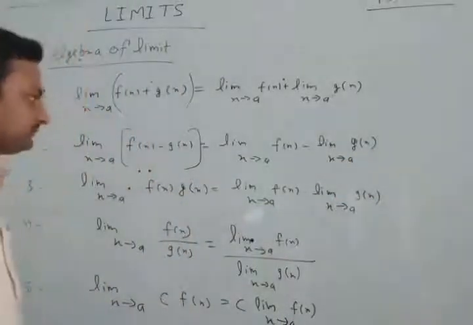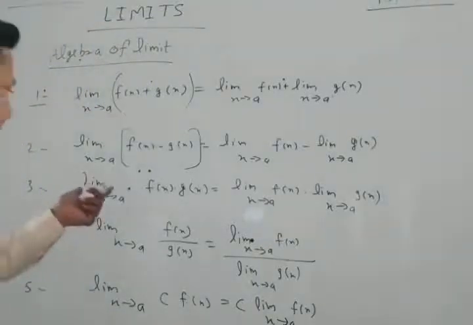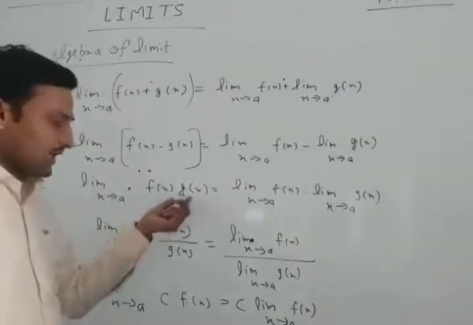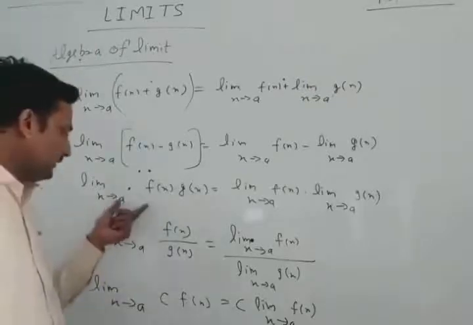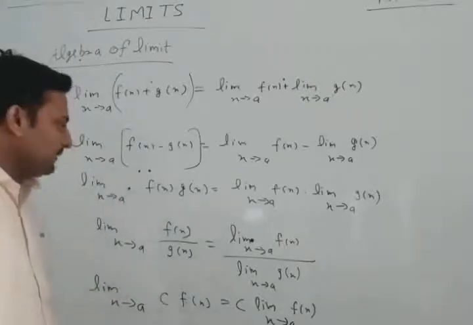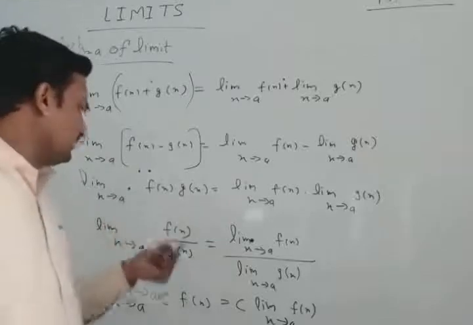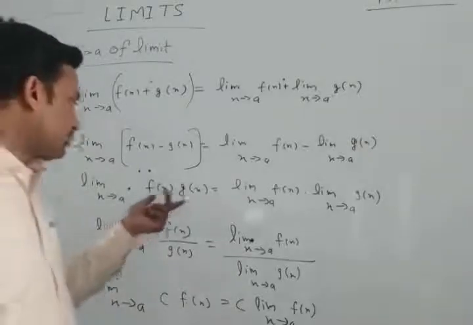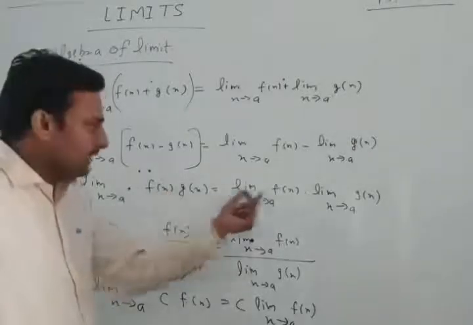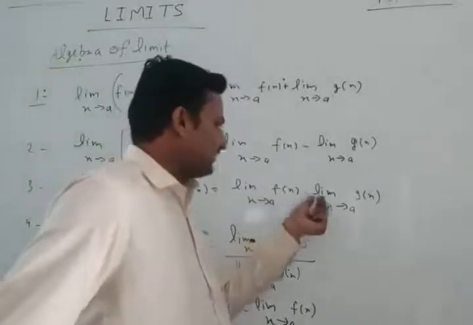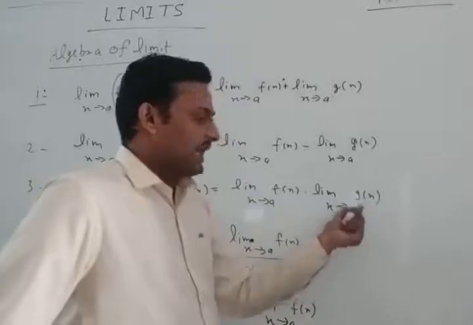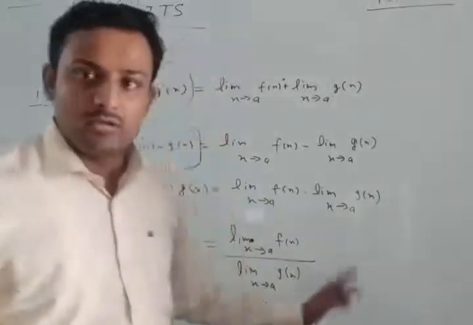Okay? Any doubt? Now next, if we are taking the product of two functions, then what will be its limit? If we are applying the limit to the product of two functions, we get the product: limit x tends to a f(x) into limit x tends to a g(x). Okay?